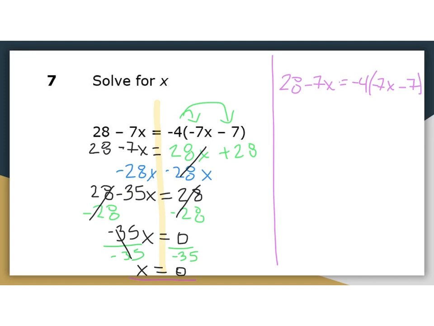If we put 0 in place of the x, this is going to go away and this is going to go away because anything times 0 is 0. So we're looking at 28 equals negative 4 times negative 7. 28 is already reduced on the left. And then negative 4 times negative 7 is a positive 28.